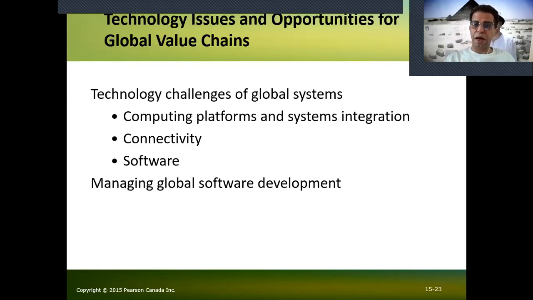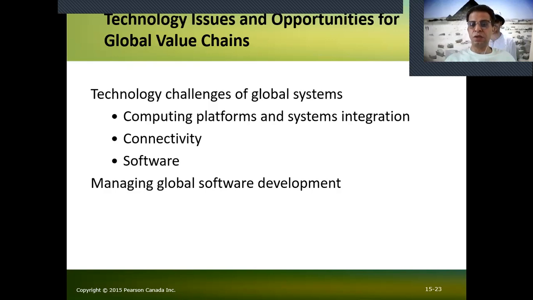When we talk about technology issues and opportunities, we spoke about the global value chains. We spoke about value. You do a study: anything that does not add value, you drop it and you do the rest.